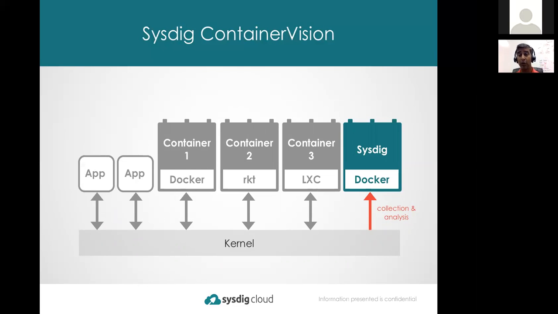If, however, you're the kind of company that would like to keep the data yourselves, you can deploy our technology as software. You can run the backend yourself, and then the Sysdig container would be pumping that data to your backend. Okay, so this is Sysdig ContainerVision, and the key here is that from a single instrumentation point on the outside, we can see what's going on inside your containers as well as underneath your containers in the host, the network, the infrastructure, and your orchestration systems.